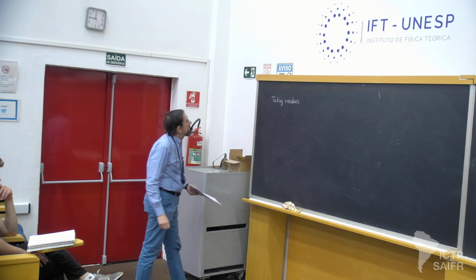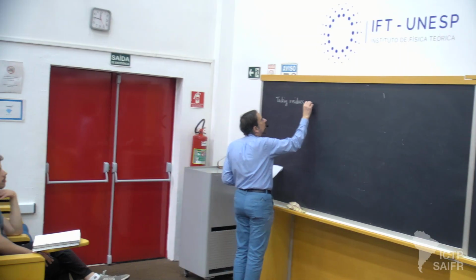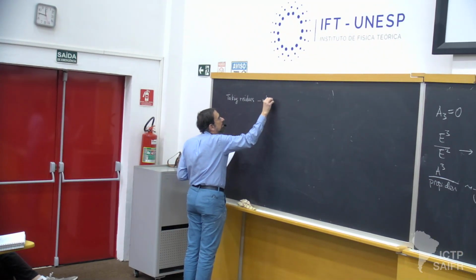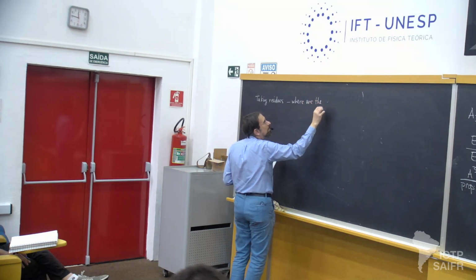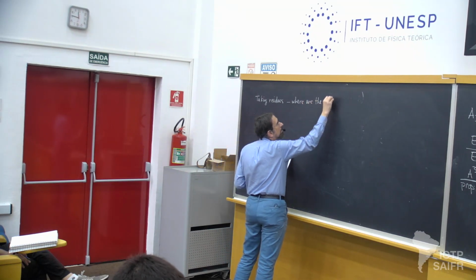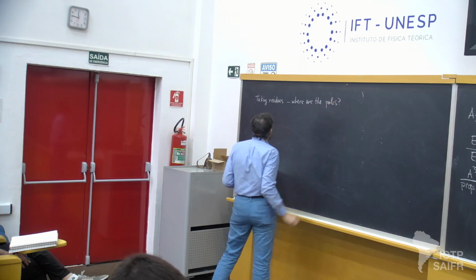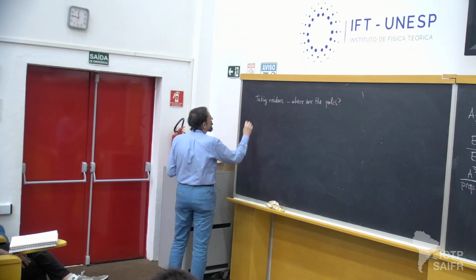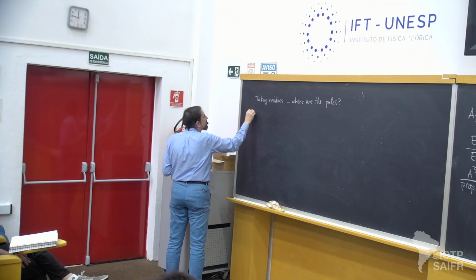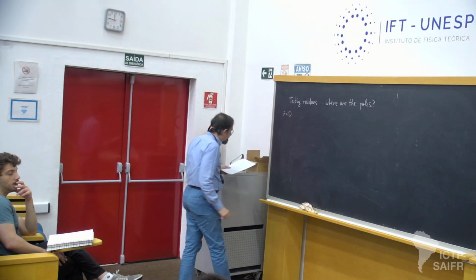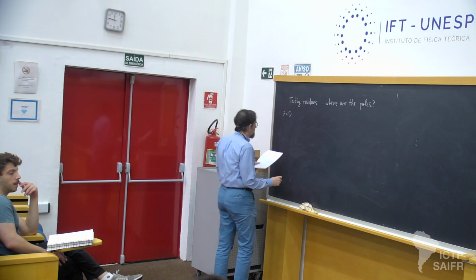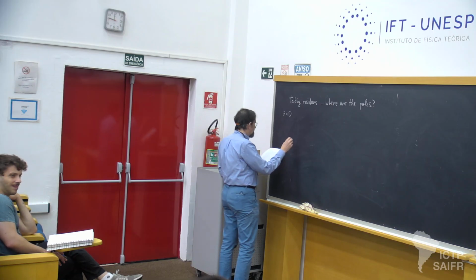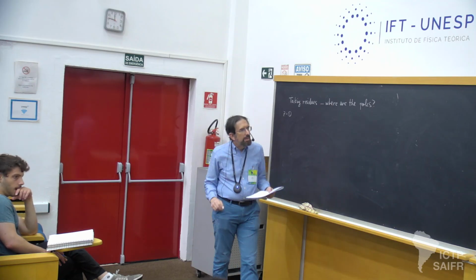So to do that, we need to know where the poles are. Well, one pole, we already see explicitly where it is. There's a pole at z equals 0. And if we evaluate the integral, we're just going to get 2 pi i times the residue.